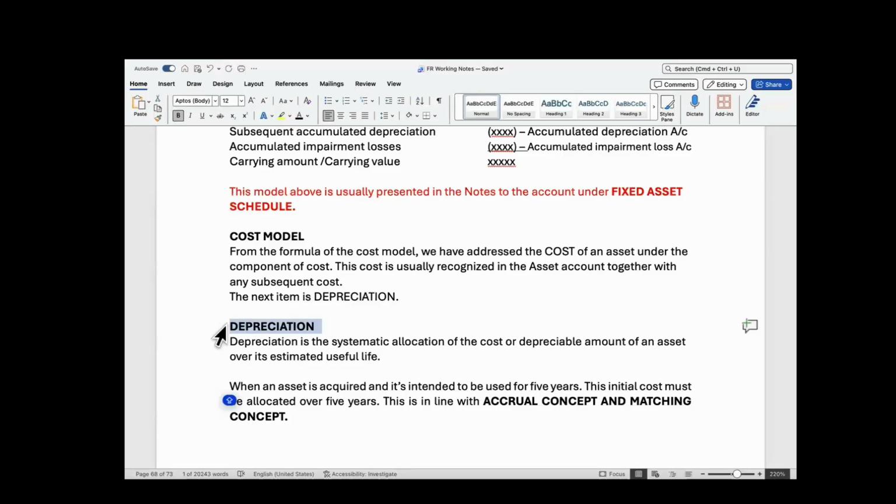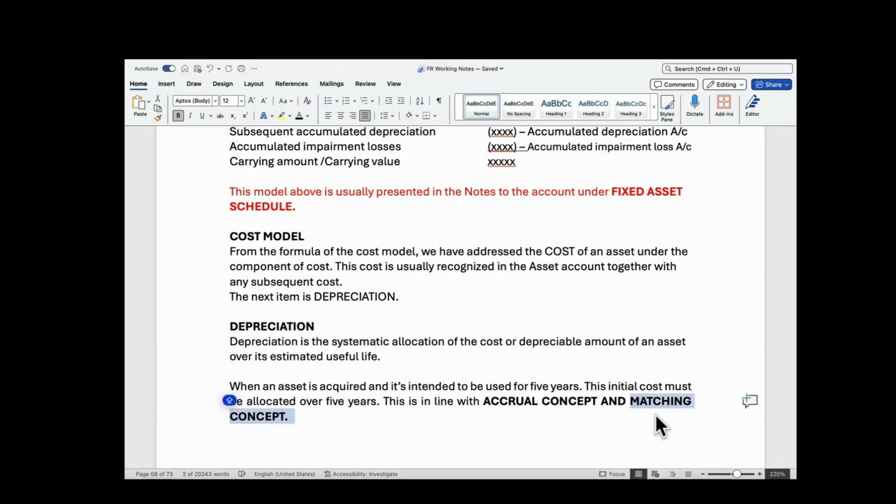Each year you allocate a cost, because I've used this asset this year, this is the cost. Again, the asset is going to make income that you're going to recognize in P&L every year. So when you recognize income to P&L, what will be the costs that generated that income? You cannot recognize the entire cost to P&L. That one is in the asset account.